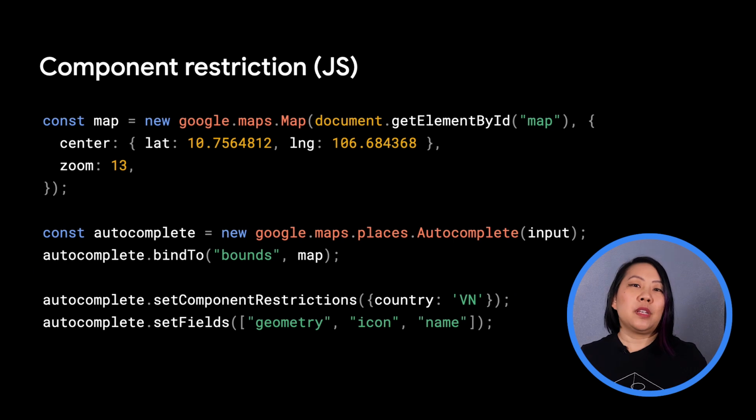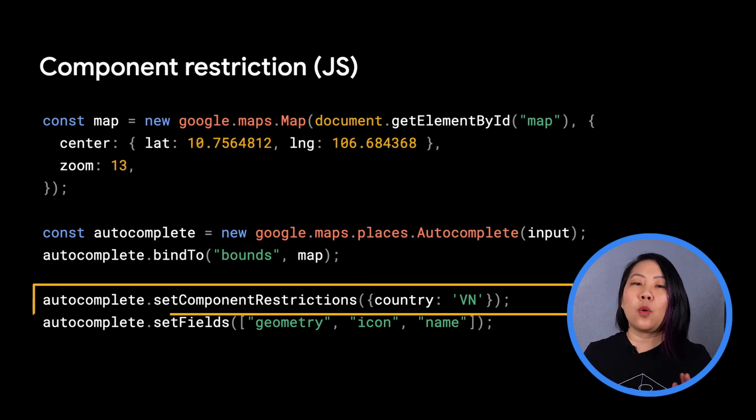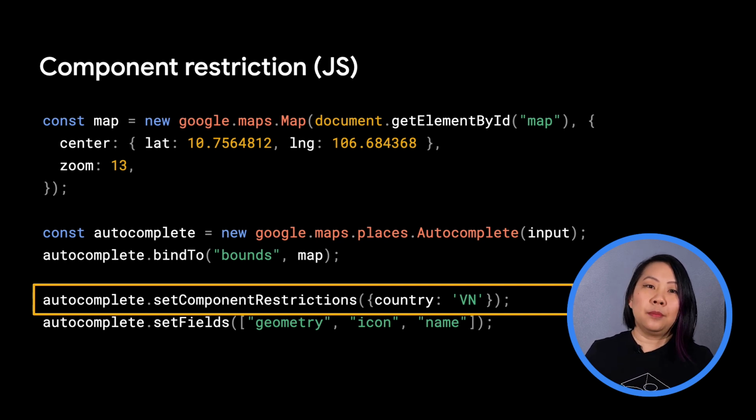The second clue you can give is if your website or app is only used in a small list of countries, you can set a property called component restrictions to eliminate predictions outside that list of countries. Countries need to be passed as a 2-character ISO 3166 compatible country code. For example, VN would provide only results in Vietnam.